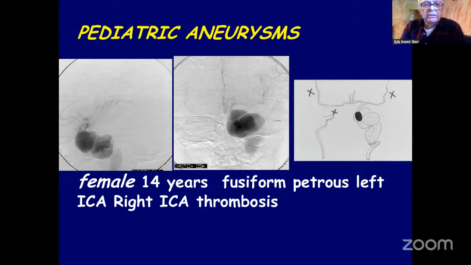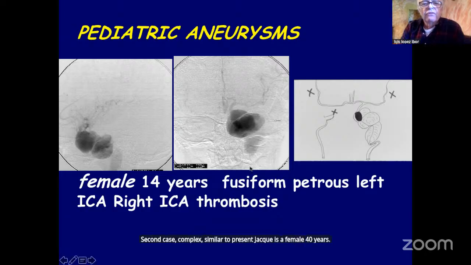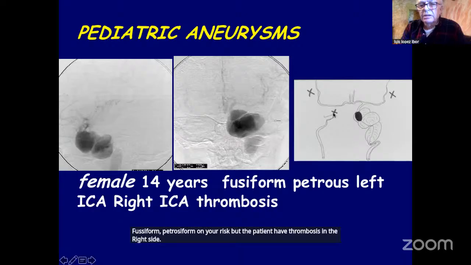Second case, complex, similar to what Jacques presented, is a female, 40 years, with a fusiform petrous aneurysm, but the patient has thrombosis on the right side. The siphon is thrombosed.